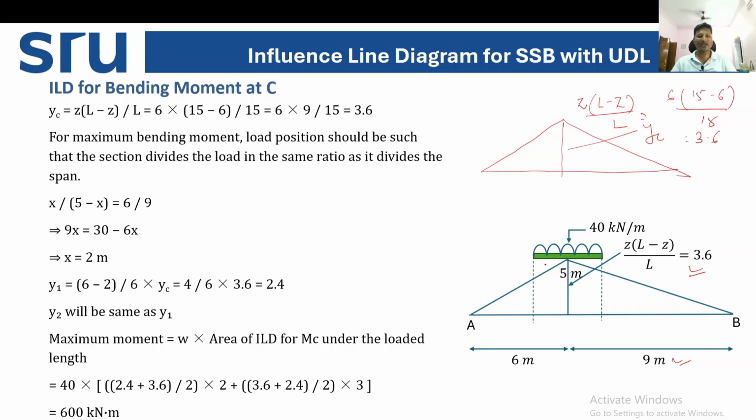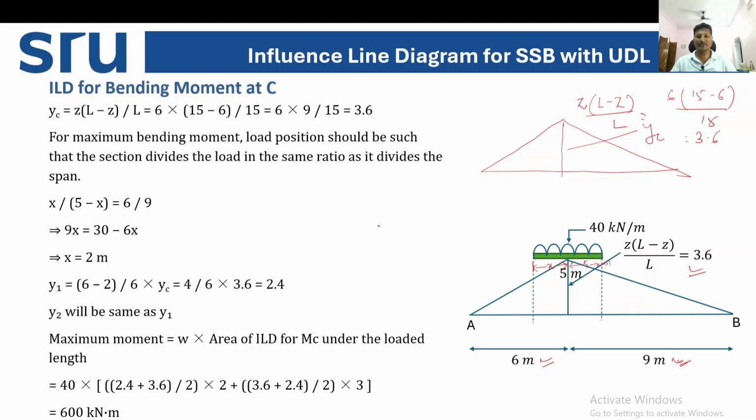If we distribute the load in the same ratio as the triangle is distributed, then only can we keep the UDL parallel with the ILD. So for that, let's say the distance from the maximum ordinate to the tail of the UDL is x, and the other side will be 5 minus x, right?